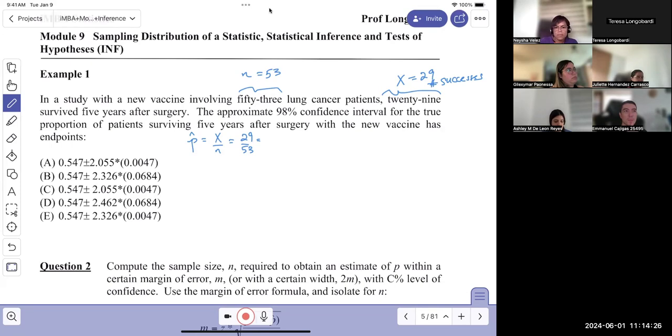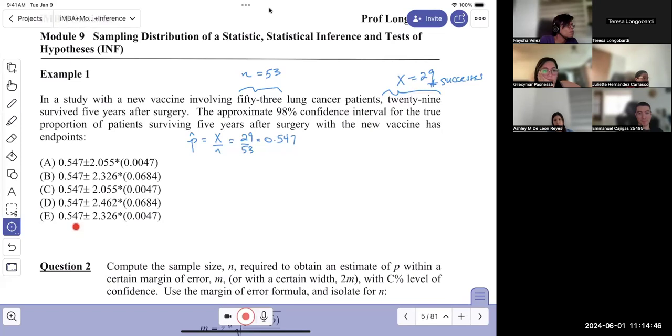Very good. You just divide them. It is 0.547 to 3 decimal places. I told you to keep 4, that'll put a 1 on there, right? But in the options, they're all possible because they're all showing p hat as 0.547.